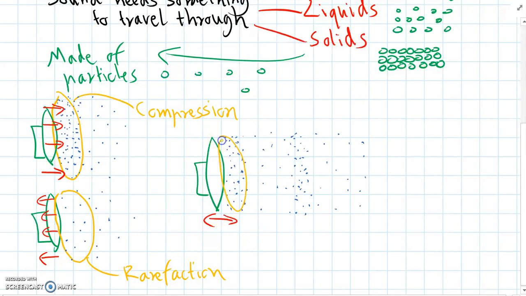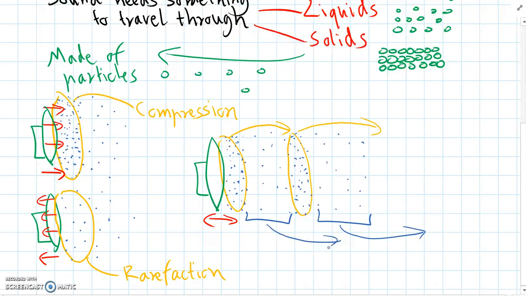So here are the compressions, and these move away from the speaker, constantly moving away, and then they alternate with the rarefactions that also move away from the speaker. Which means overall we have waves of sound moving away from the speaker.